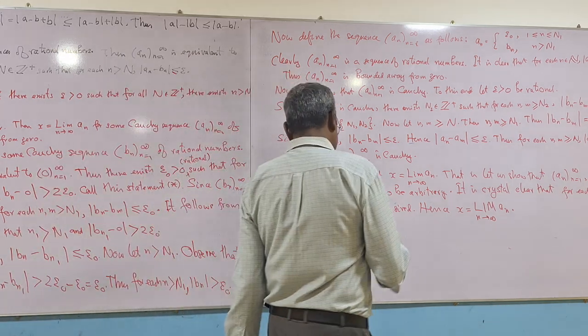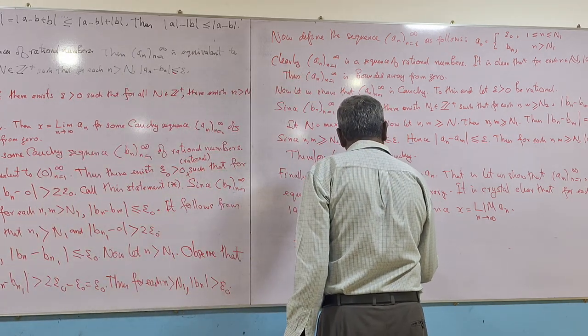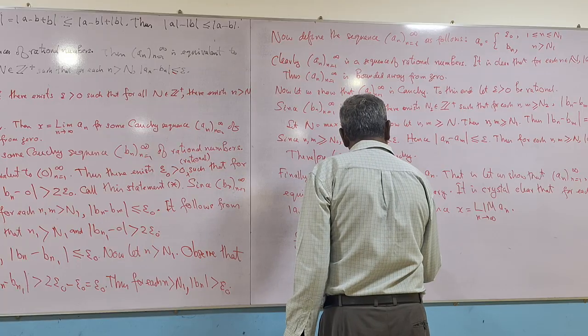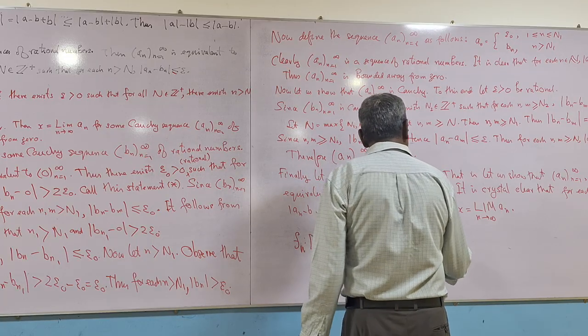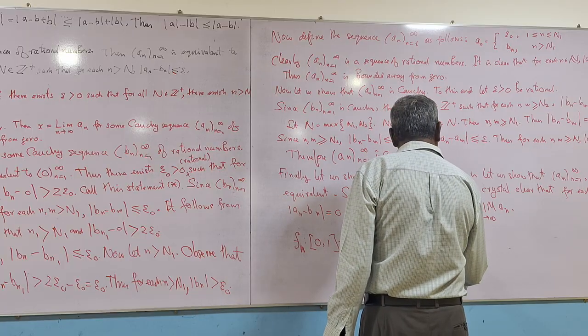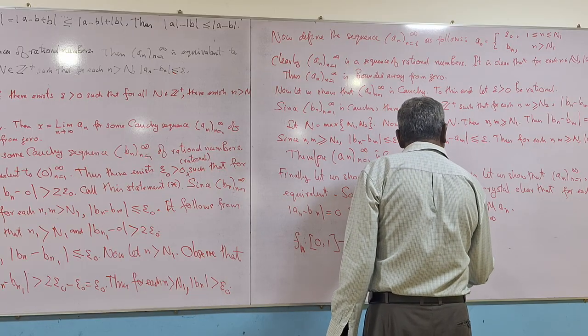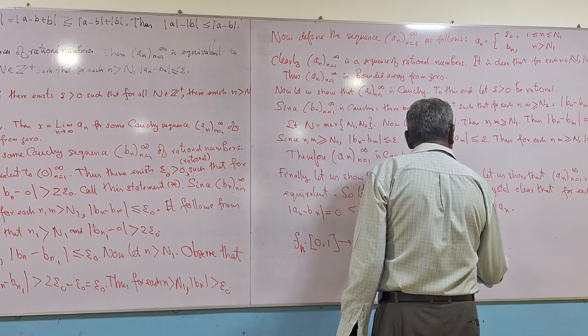And suppose for each x, the limit as n tends to infinity of fn(x) is 0.